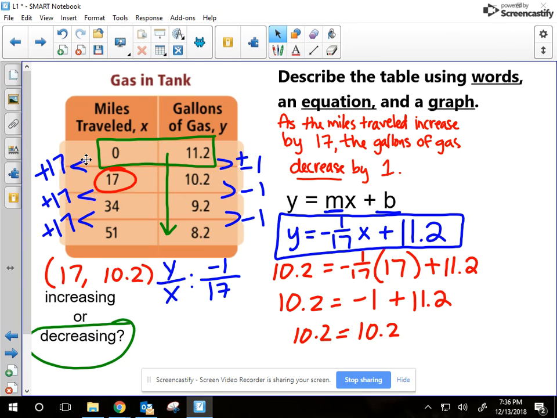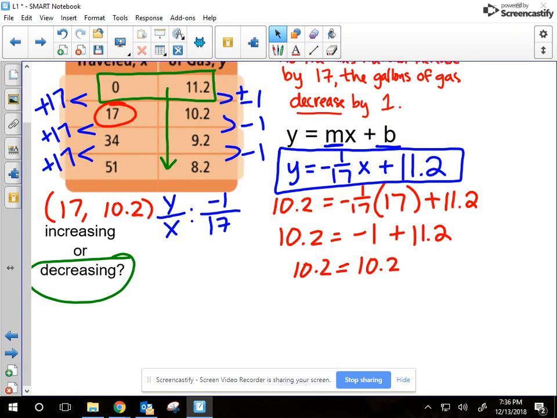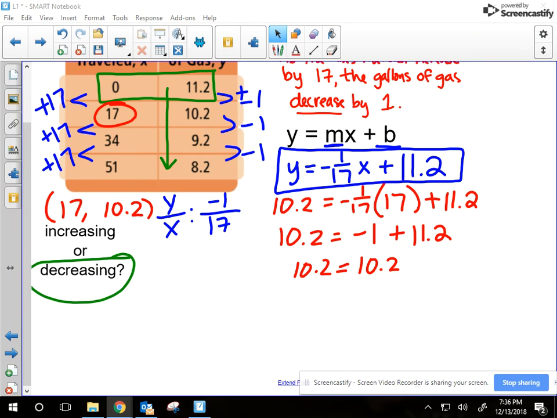Again, because it was a decreasing dependent variable, as our independent variable increased, our slope turned out to be negative. Because it's decreasing, our graph is also going to show that it is decreasing.